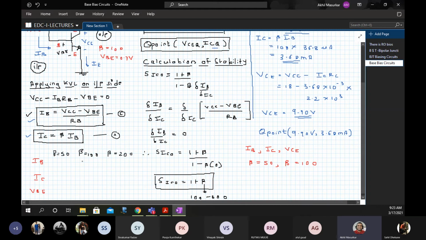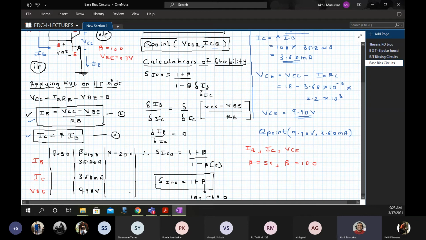So right now you calculated this: 36.8 microamperes, 3.68 milliamperes, and here we calculated 9.90 volts. So please tell me what are the values for beta equal to 50: what is the value of IC, IB and VCE?